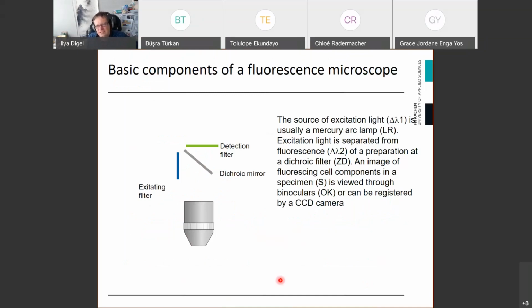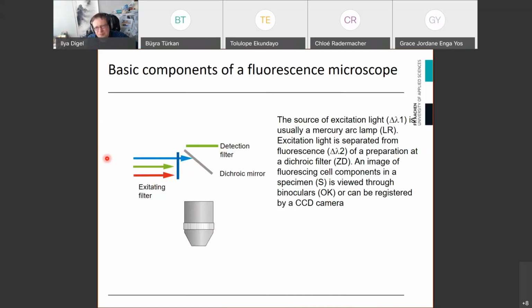So here we have the setup and you see already some parts of our system. First of all, we need to take care that we use just a certain wavelength, which is suitable for your fluorophore, which is suitable for your sample. And in this case, it will be blue.